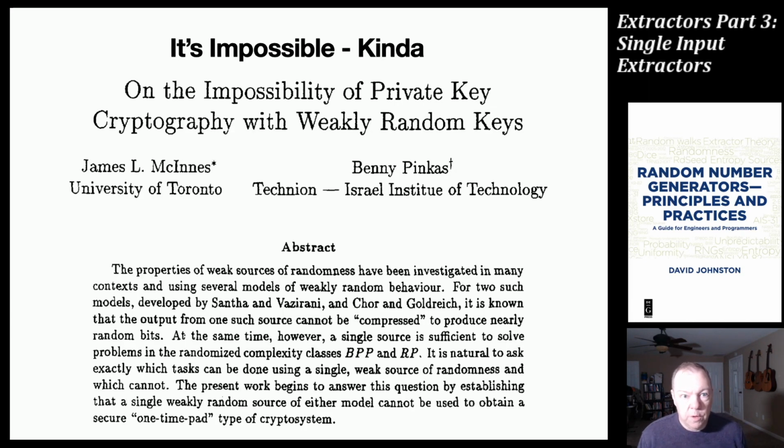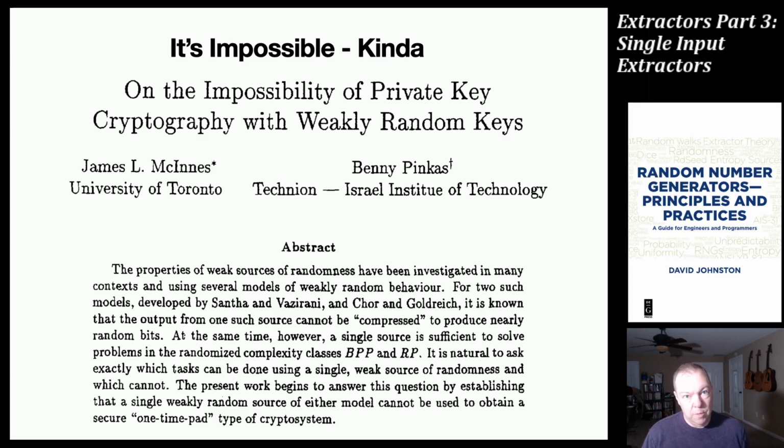There's a proof called on the impossibility of private key cryptography with weakly random keys. What they mean by that is when you have a one-time pad scheme where you XOR what's called a one-time pad, which is the full entropy string of bits, with your data, and you send it along, and then the person at the other end has the same pad, and they XOR it to take off that encryption, and they get the plain text back.